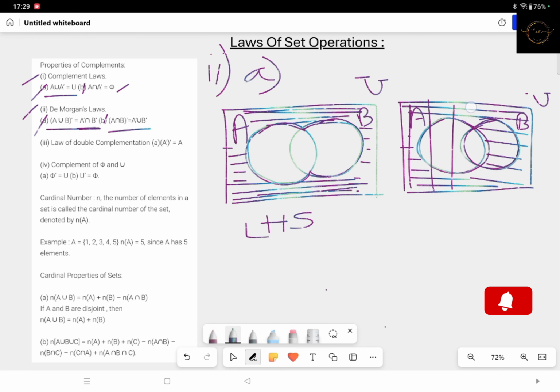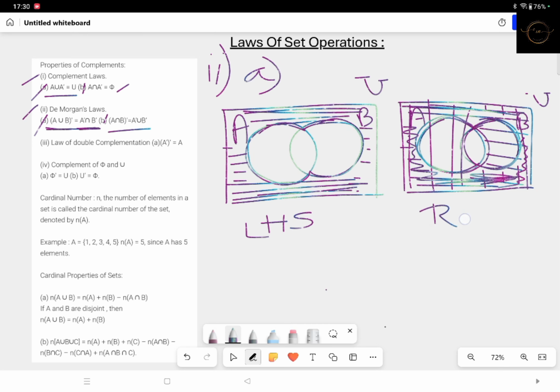Let's cover it with a different stroke. Now, as intersection is in between, we have to check for the common shaded part. Look carefully, this much part has got shaded 2 times. That is exactly equal to A union B complement.